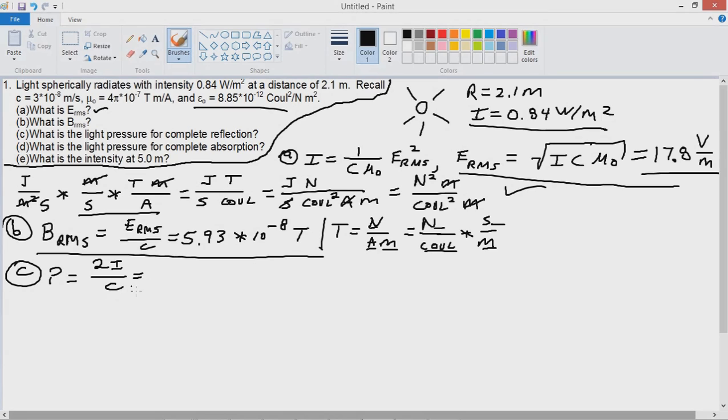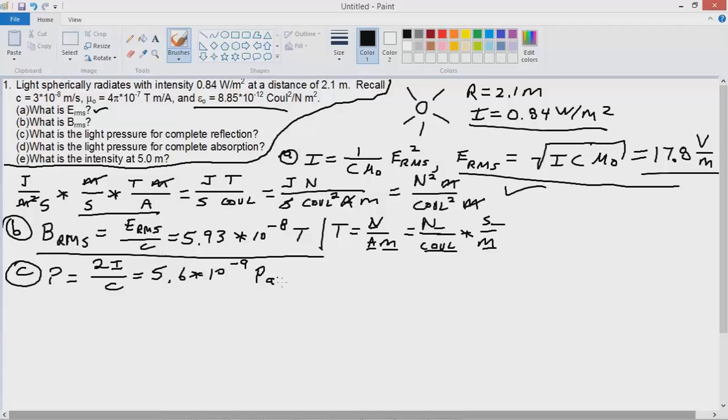Now, 2 times 0.84 divided by, anyway, you get the picture. I get 5.6 times 10 to the negative 9 Pascals.